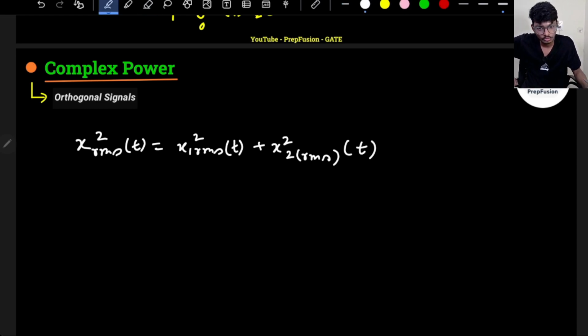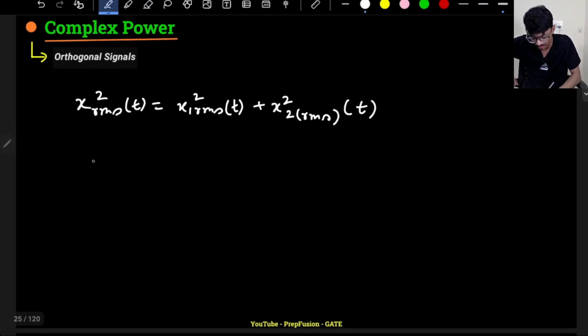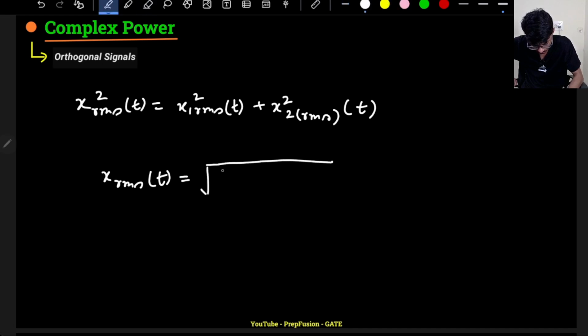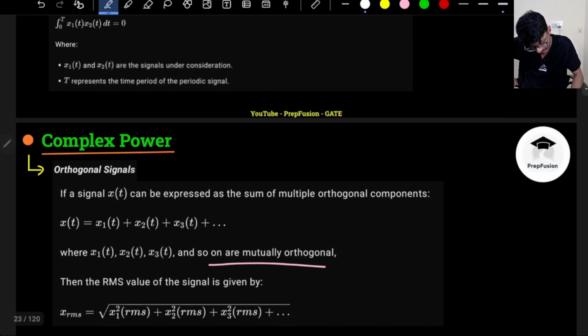Okay, so from here you can directly say that my x RMS of t is equal to x1 RMS whole square plus x2 RMS whole square, under root. So that is what I have written here.